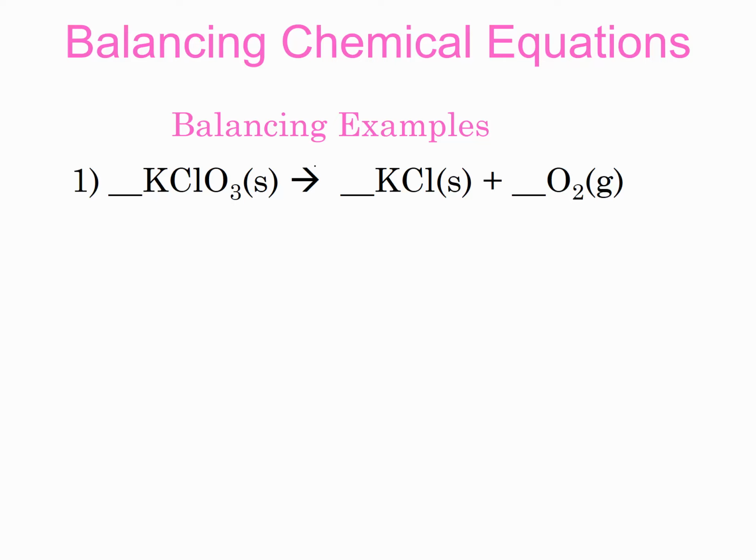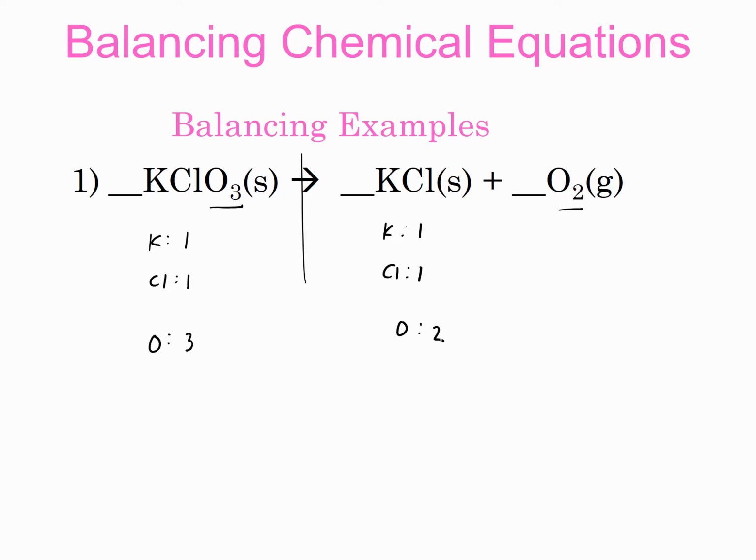We see that we have 3 oxygens here and 2 here. Our K and Cl are actually balanced: potassium, there's 1 on each side, and chlorine, there's 1 on each side. Oxygen over here, we have 3, and on this side, we have 2.